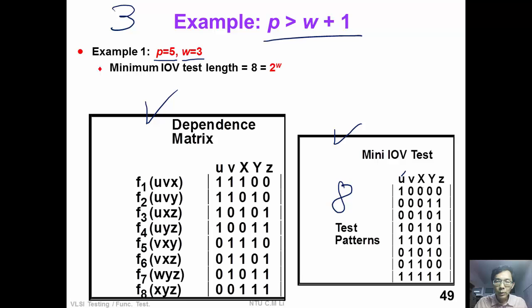For example, for F1, which depends on U, V and X, this is an exhaustive test. For F8, the inputs are X, Y, and Z. This is also an exhaustive test. You can do a check by yourself. The remaining outputs are also tested exhaustively.